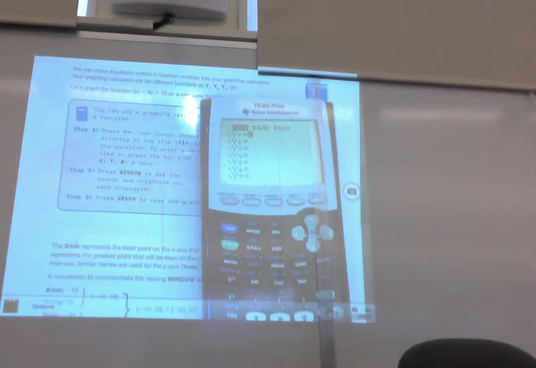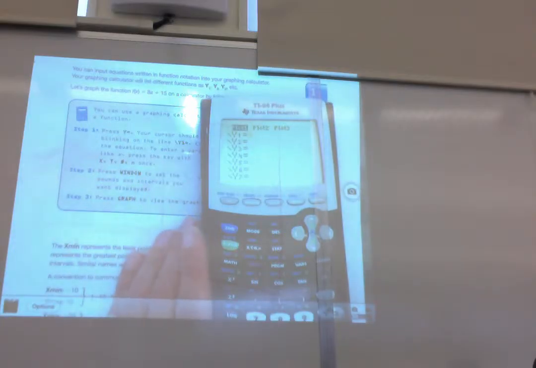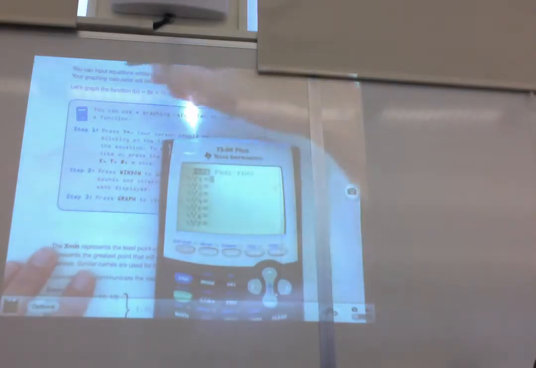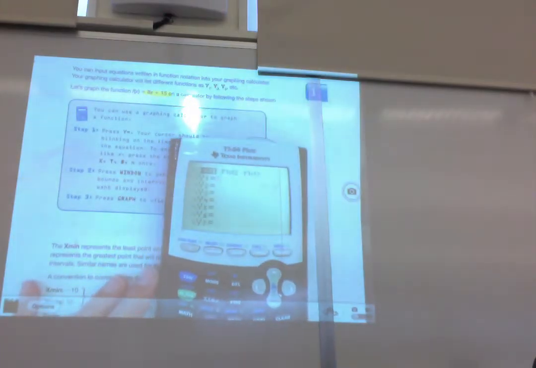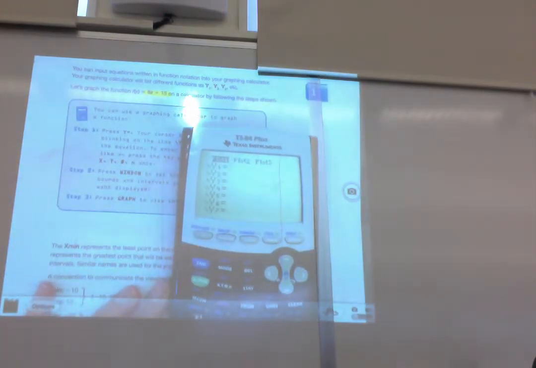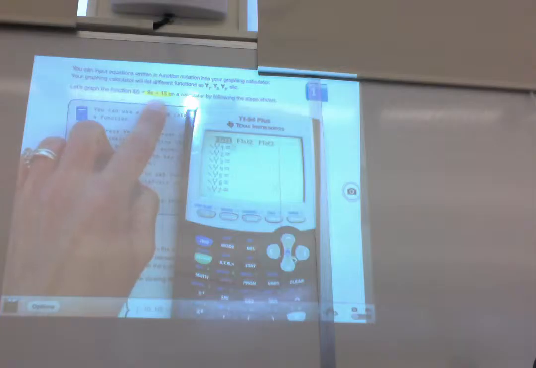Okay, y equals. Now, we're going to input our function. Our function is 8x plus 15. We're going to work with everything on the other side of the f of x of our function. And here's how we're going to do it. The first thing you push is an 8.